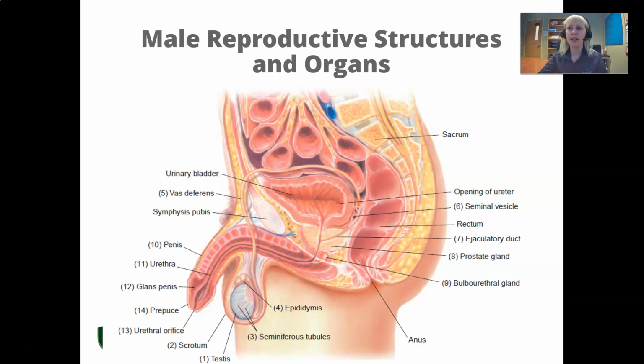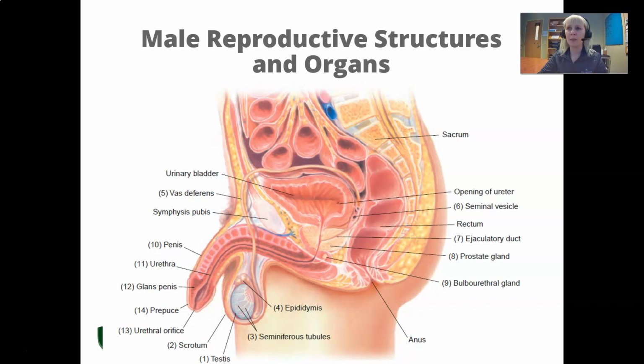The vas deferens extends over the top and down the posterior surface of the bladder for males and joins the seminal vesicle.